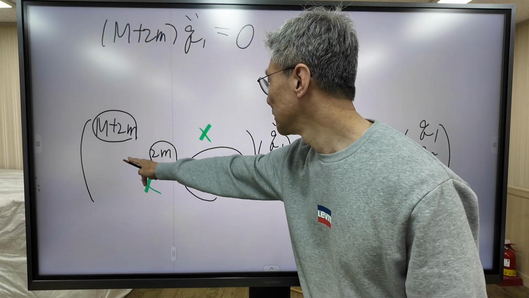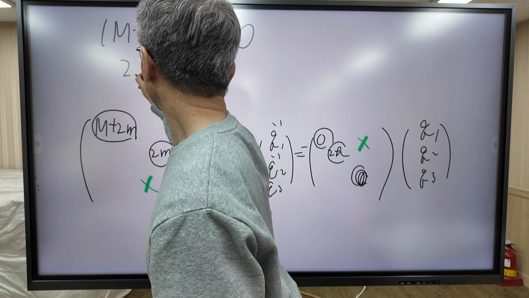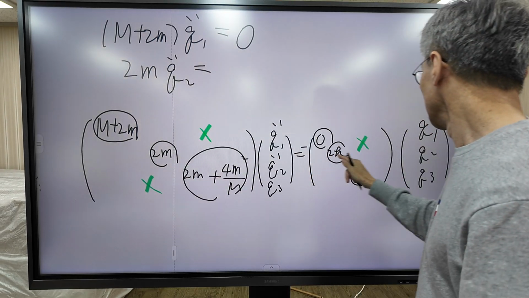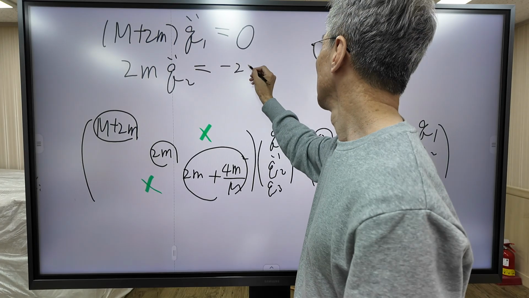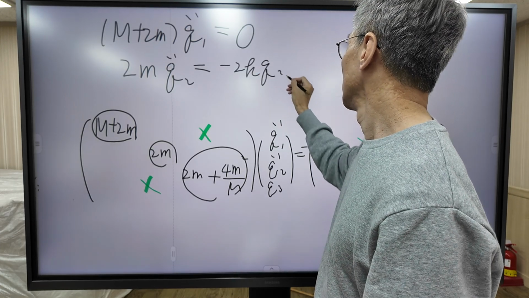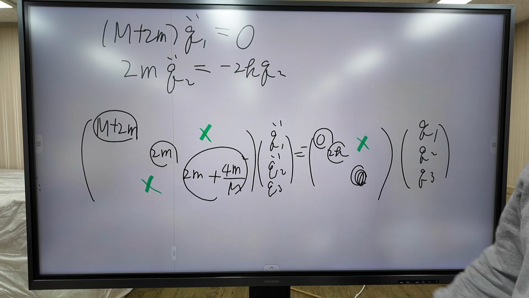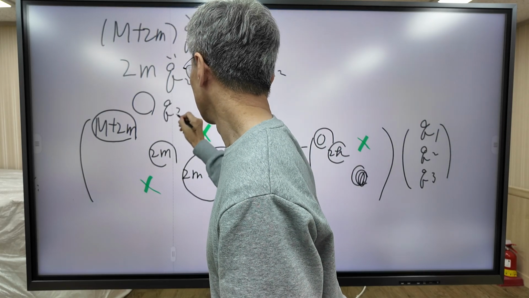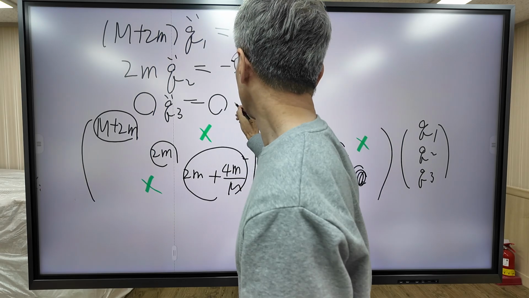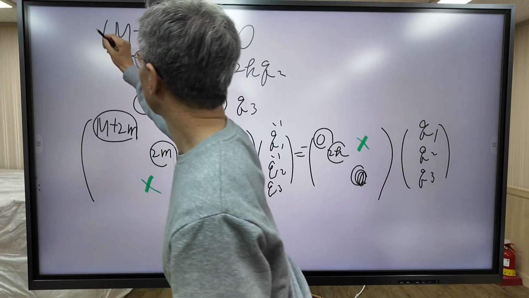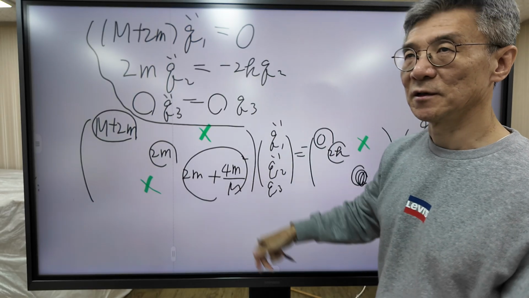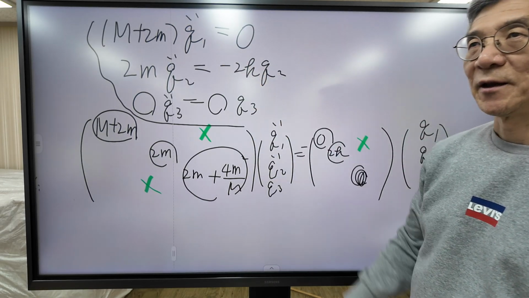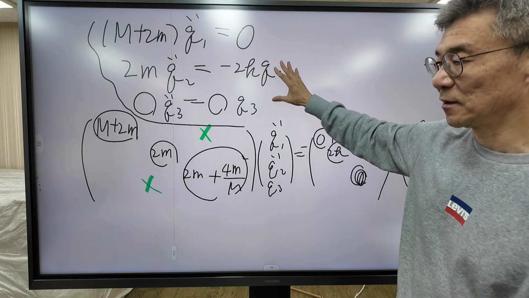Now the second equation, 2m Q2 double dot equals this, it looks like this. This is the second equation. And the third equation is complicated, but simply looks like this, Q3. This is our equation in terms of Q1, Q2, Q3. This is our new equation.